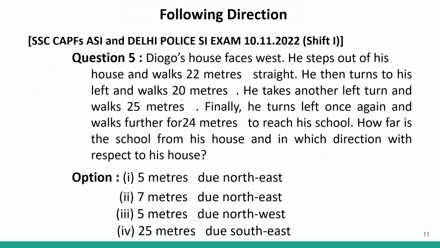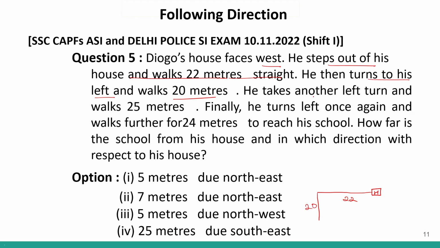Now, Diego's house faces west. So let me solve it over here. The house is facing west, this direction, right? He steps out of his house and walks 22 meters. So let's say this is the house, and he walks 22 meters straight. He then turns to his left and walks 20 meters.